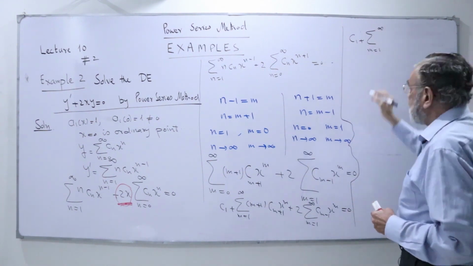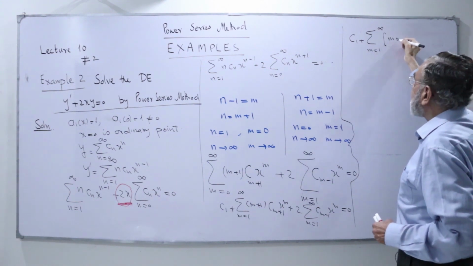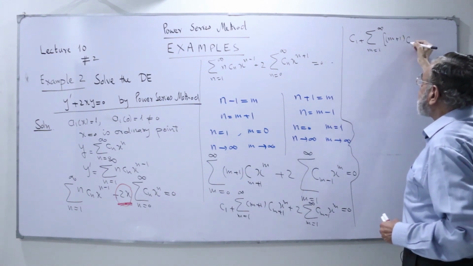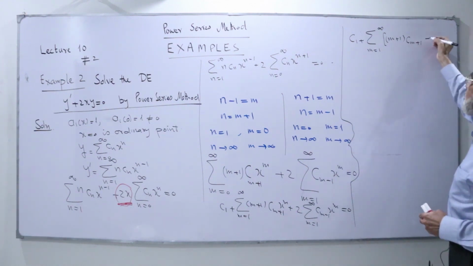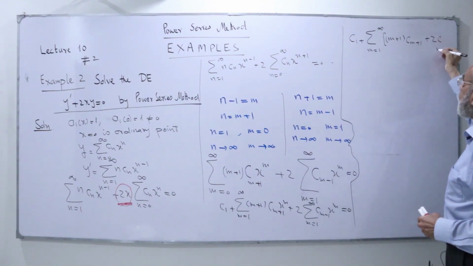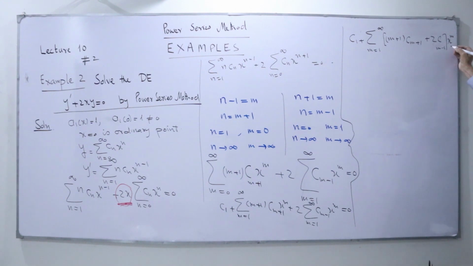What's inside? Inside we get m plus 1, c_{m+1}, then here we get plus 2 c_{m-1}, x to power m, and we say this equal to 0.